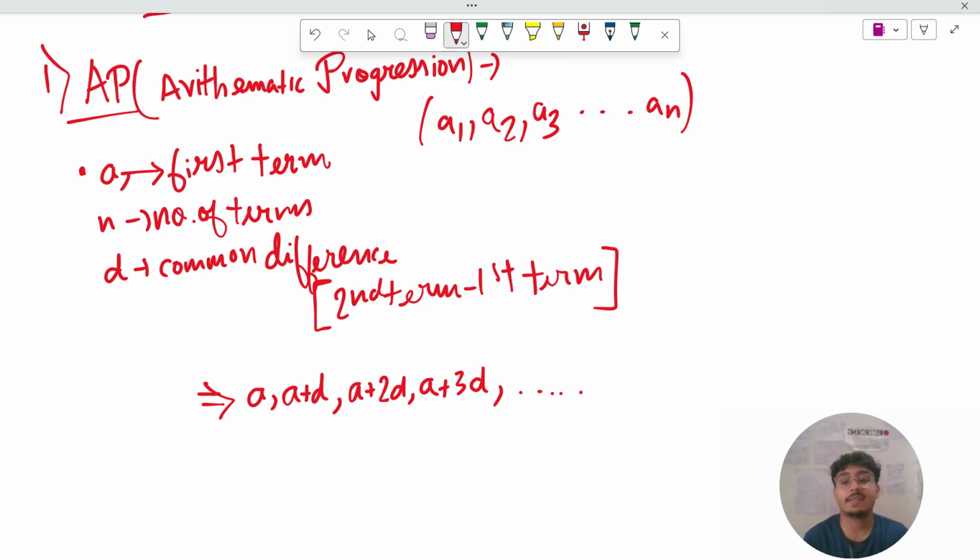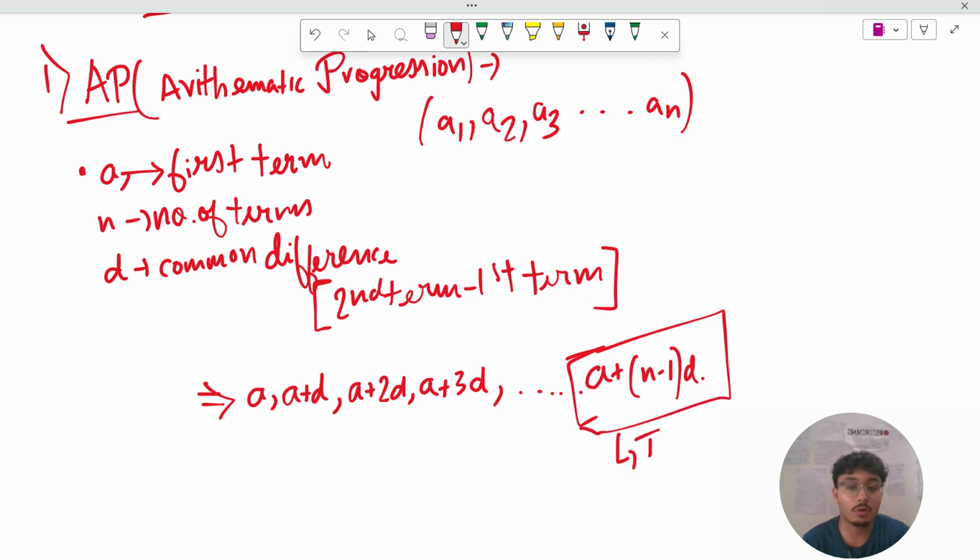If my first term is A, my second term is A plus D, my third term is A plus 2D, my fourth term is A plus 3D. Basically, I can write my first term as A plus 0D. For 1, I write A plus 0D. For 2, A plus D. For 3, A plus 2D. For 4, A plus 3D. This gives a pattern that for n I'll be writing n minus 1 times D. So A plus (n minus 1) into D. This is the general term, Tn, of an AP.